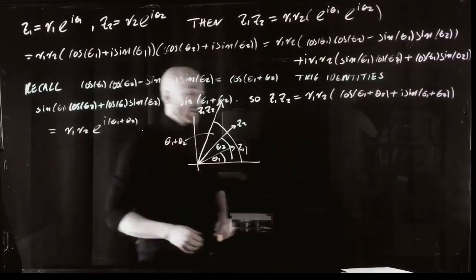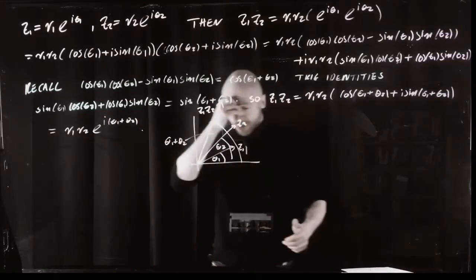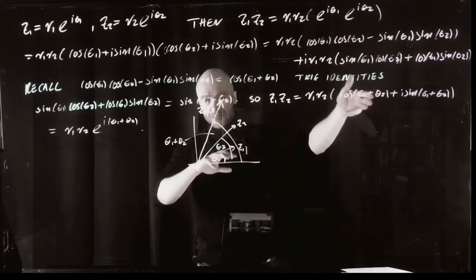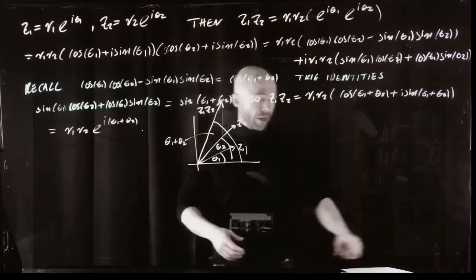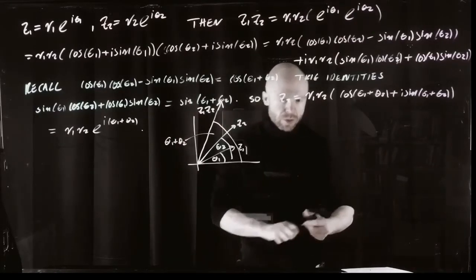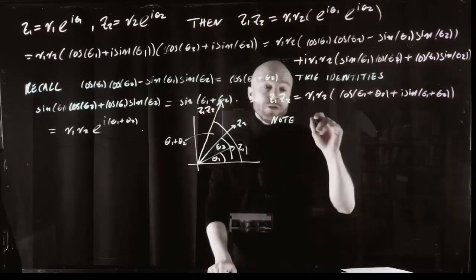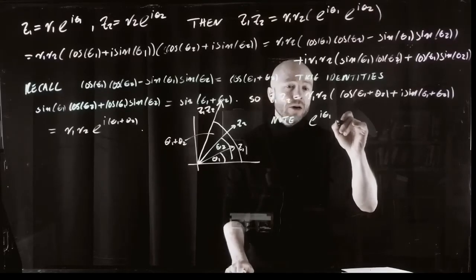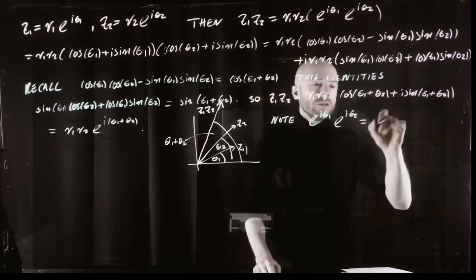Another thing to note is that if you don't remember your trig identities, which I certainly don't, you can always recover them from this fact right here. If you remember your complex analysis, that when you multiply this complex number with this complex number, it's equal to this complex number.